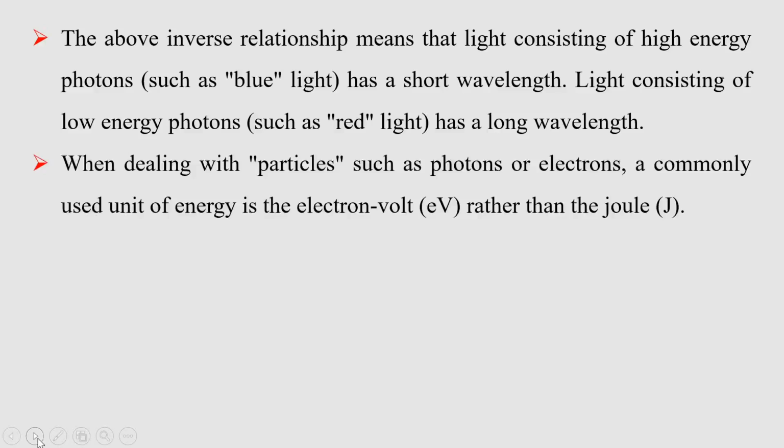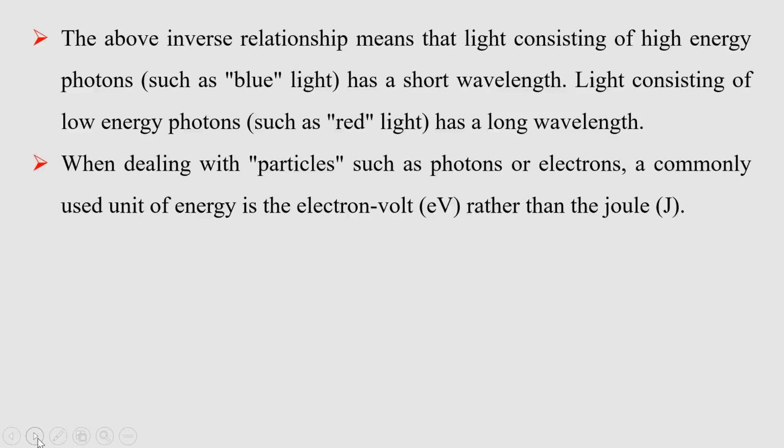When dealing with particles such as photons or electrons, a commonly used unit of energy is the electron volt rather than the joule. Means energy is denoted by two units.